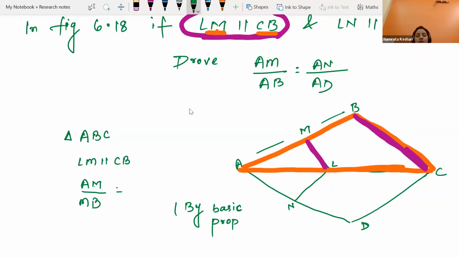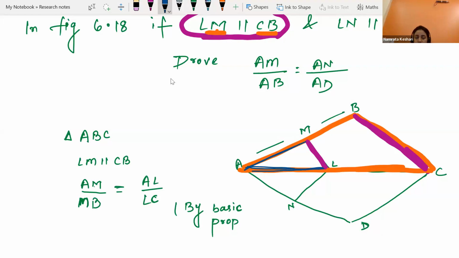So from here we are able to say AM by MB is equal to AL by LC. ध्यान से रेशियो हम लेंगे, we will not be switching from here to there. अगर यहाँ AM at first ले रहे हैं तो दूसरे साइड में AL लेंगे न्यूमरेटर.